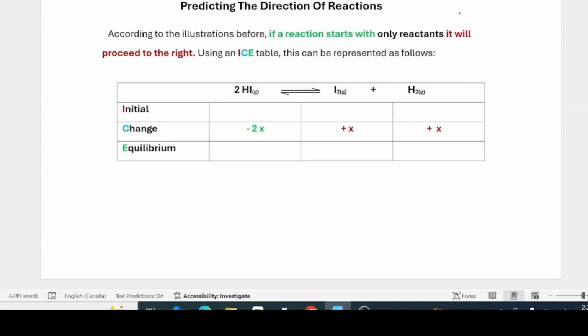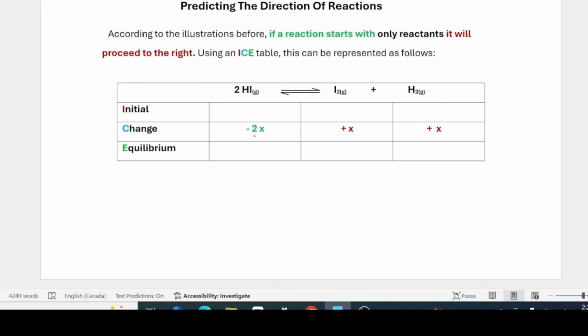Those findings can enable us to know in which direction a reaction will proceed, particularly if you're starting with only products or only reactants. So let us suppose that we had hydrogen iodide as reactant. We know for sure it will break up to produce iodine and hydrogen according to its stoichiometric coefficients.